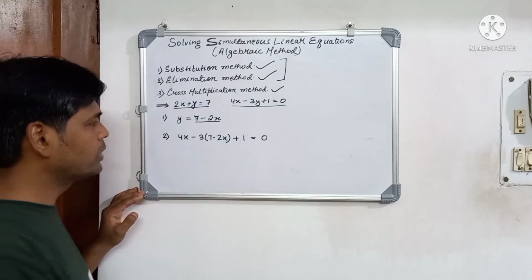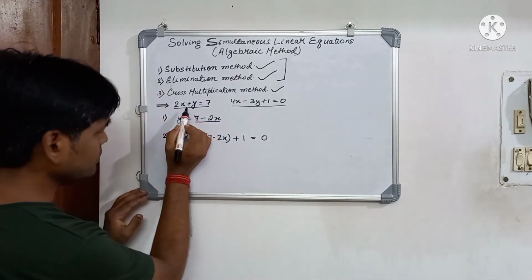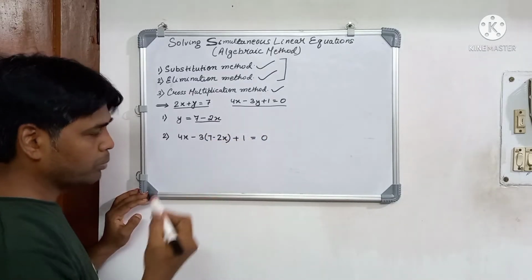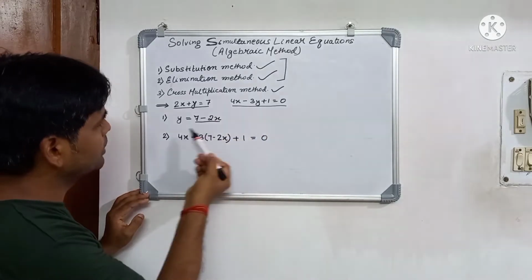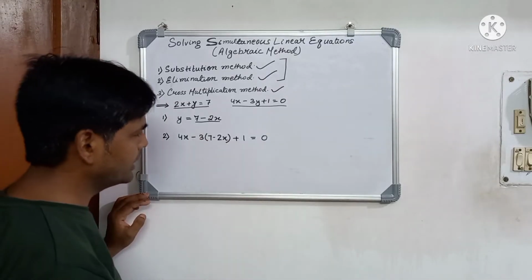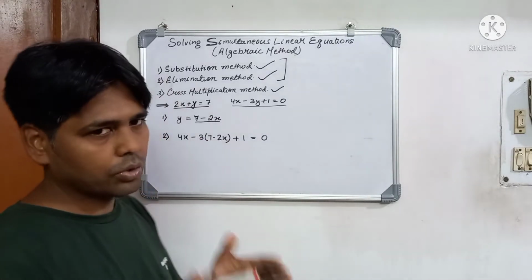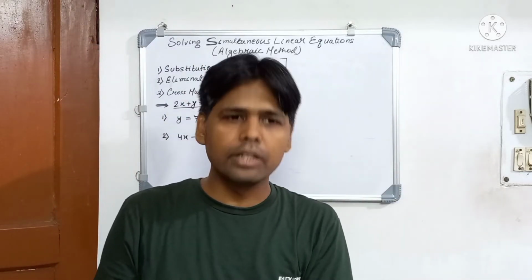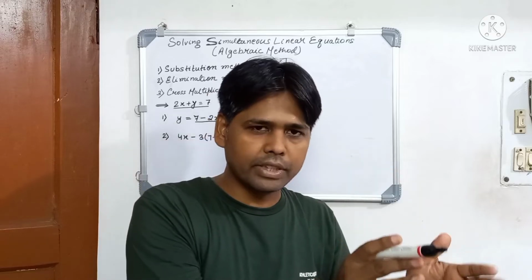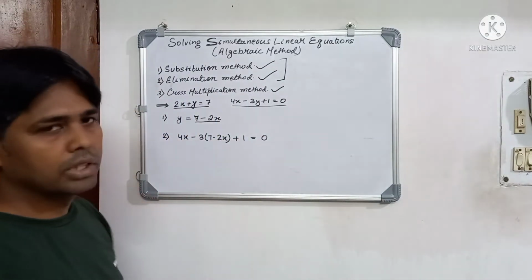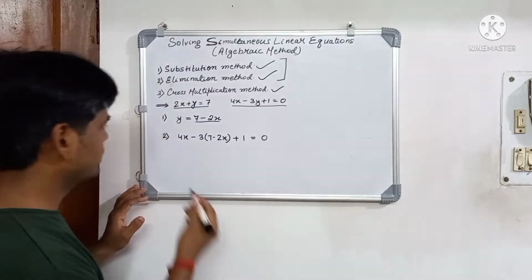You can observe that these equations consist of two variables. Our motive is to convert this equation of two variables into an equation of one variable, so that after solving and rearranging the values from the left hand side to the right hand side, or vice versa, we get the value of only one variable. So let us see.